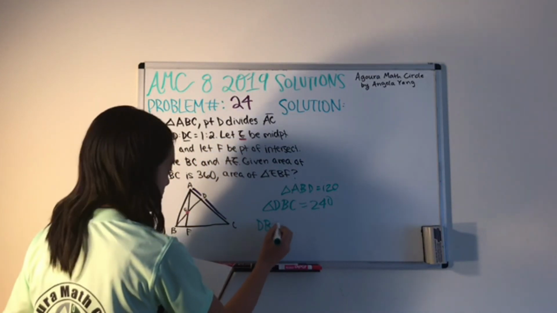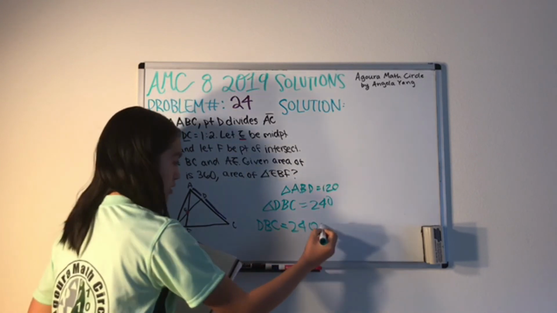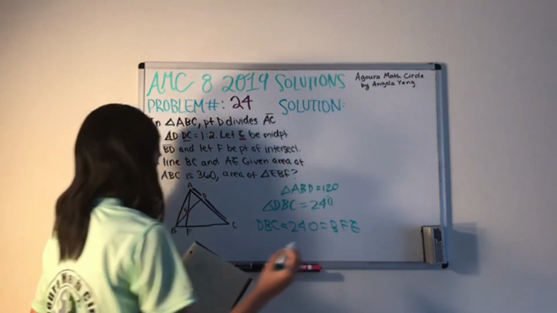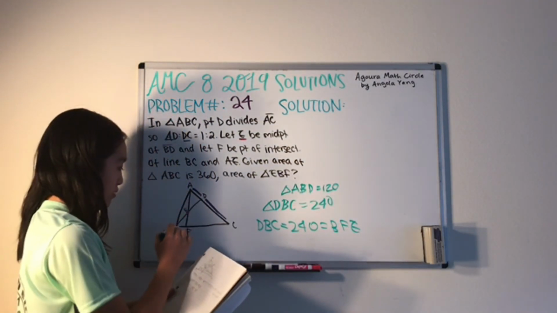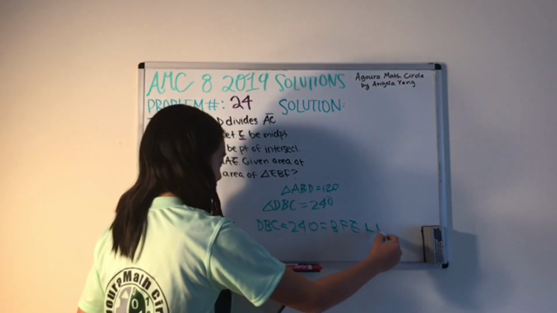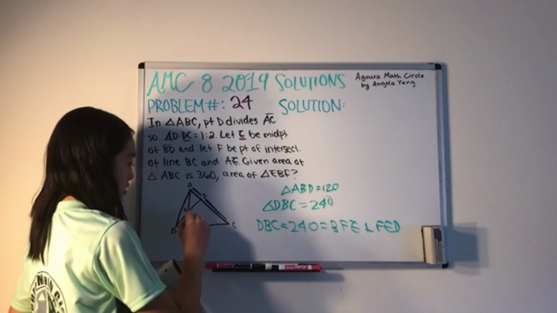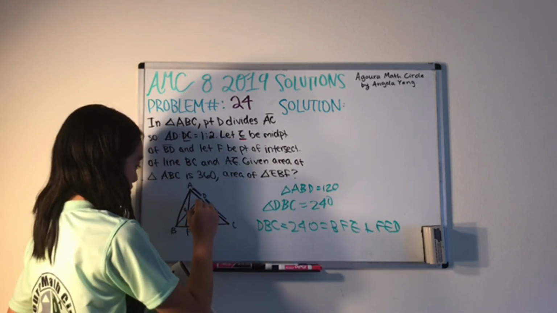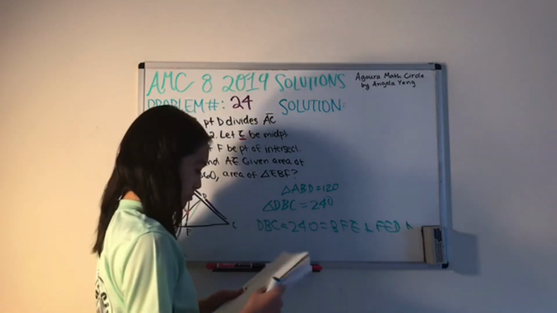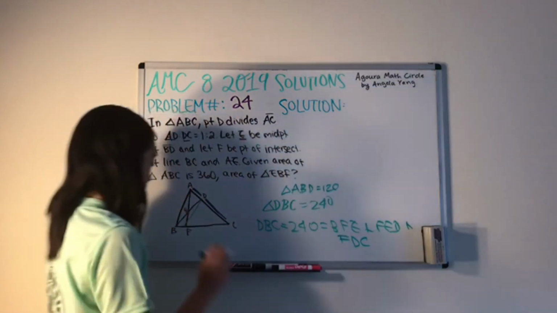And now we can come up with the equation: DBC is equal to 240, but it's also equal to BFE plus FED, so I'm drawing an imaginary triangle here, plus FDC.